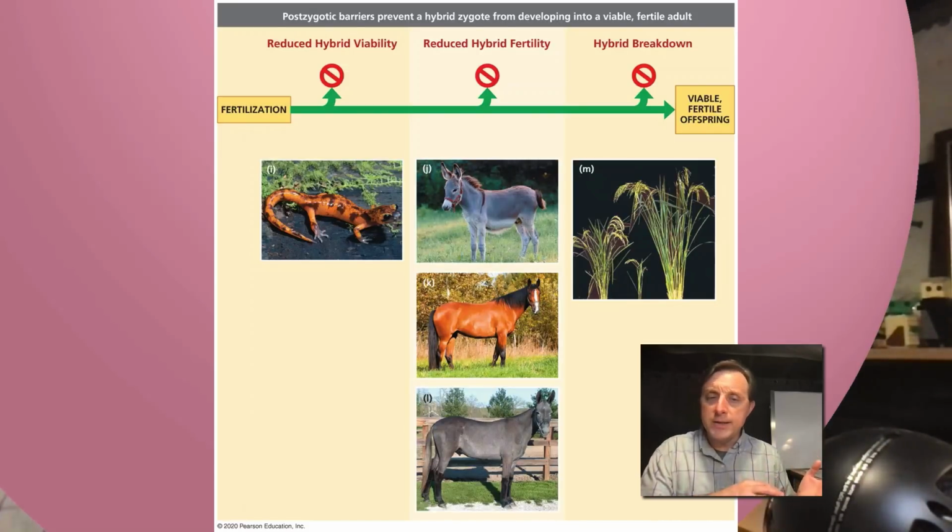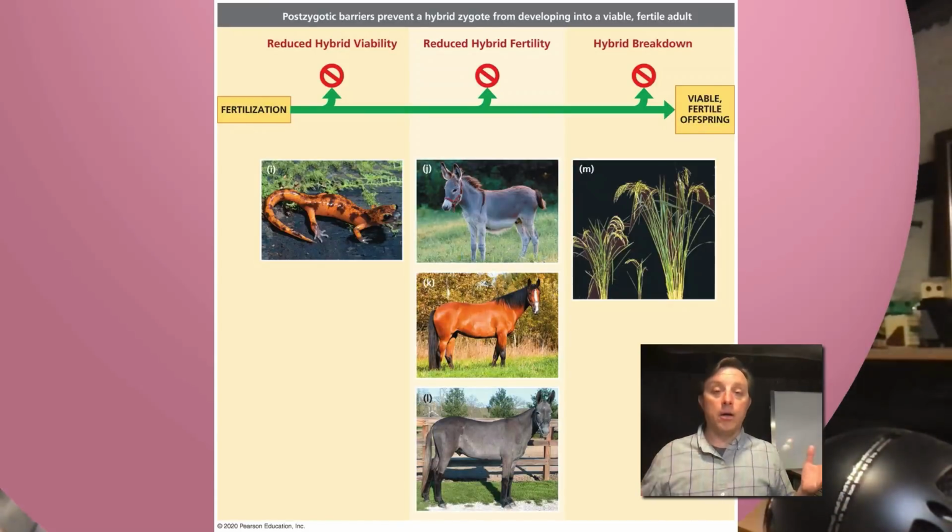And then hybrid breakdown. That one's a little different. The first generation hybrid looks fine, looks very healthy, but when those hybrids try to reproduce with each other, the second generation offspring are not healthy.